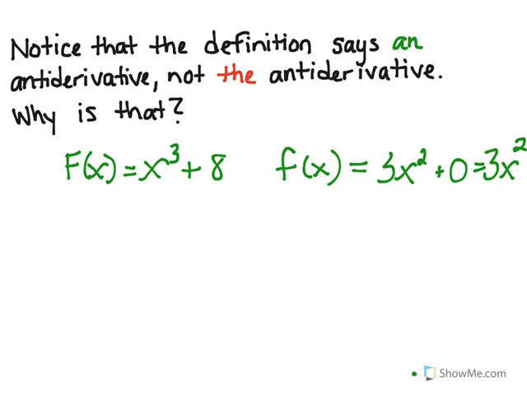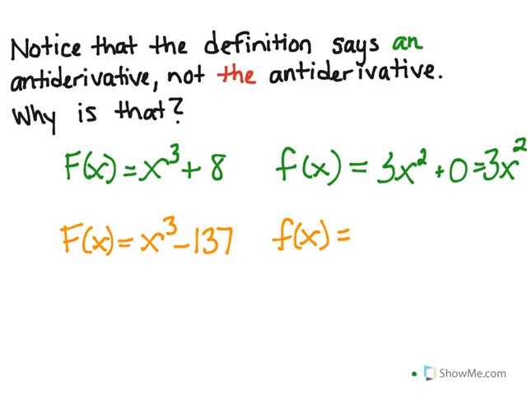Let's try another one. What if I said capital F of x was x cubed minus 137? What would little f of x be? Keep in mind, again, little f of x is the derivative of capital F of x.